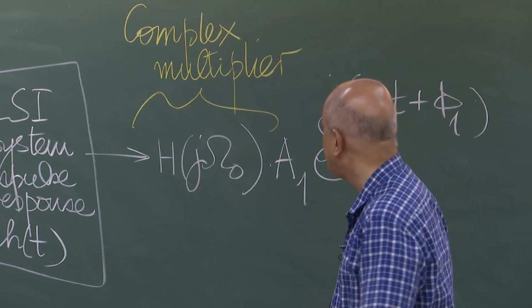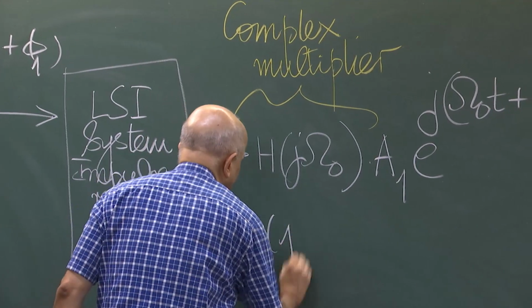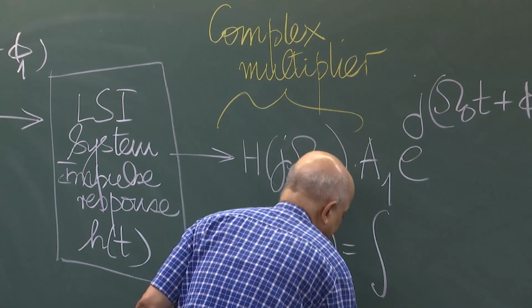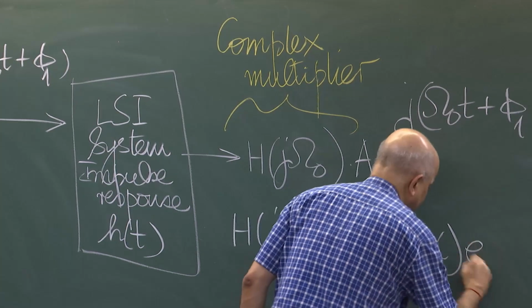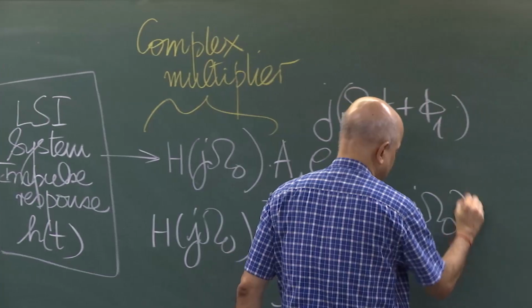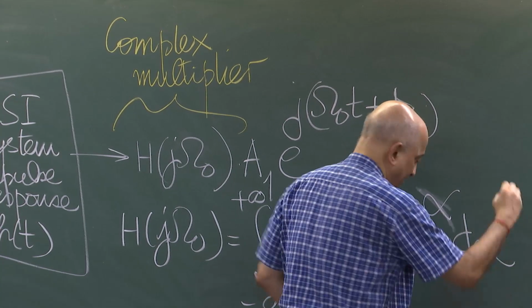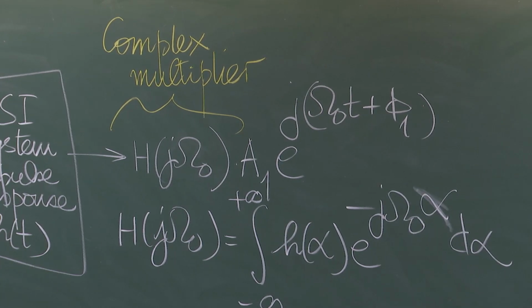H of j omega naught is in fact the dot product.